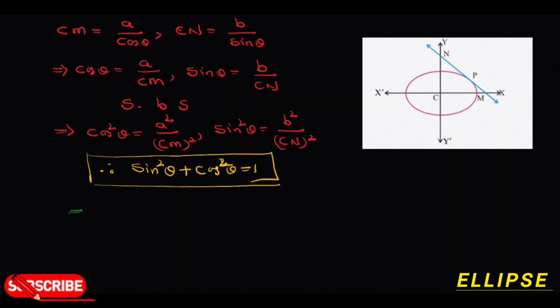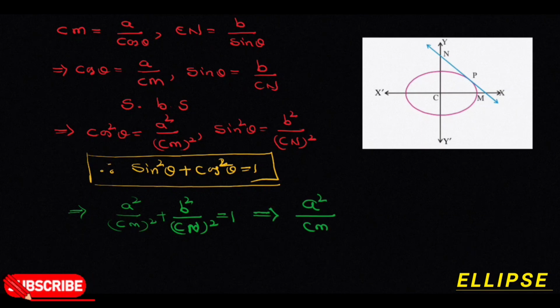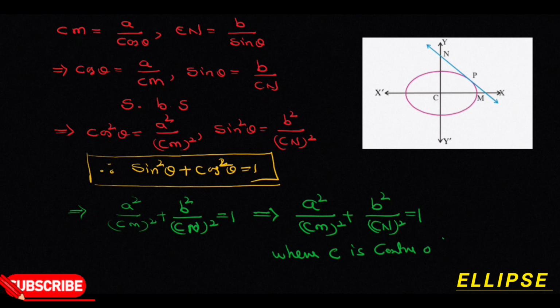Now using the identity sin square theta plus cos square theta equal to 1, substitute the above values: a square by Cm square plus b square by Cn square is equal to 1, where C is the center of the ellipse.